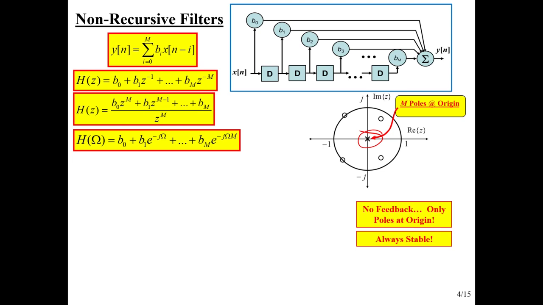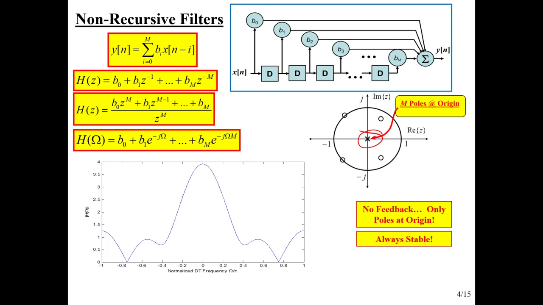I talk about that in my signals and systems class, and I think I might have mentioned that and talked about that in the review video for this course. When there's no feedback like this, the only place that poles can be is at the origin. They don't have any effect on the magnitude response of the filter, and therefore the filter is always stable because the poles are at the origin, so they're always inside the unit circle.